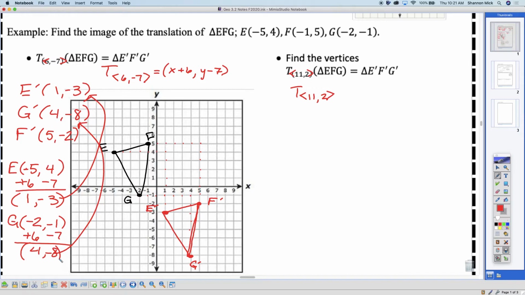So over here, what am I going to do to my x's? Add 11. So it's going to be x plus 11, comma, y plus 2. That's it.